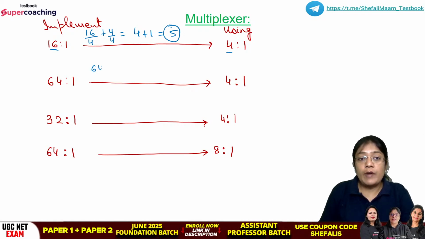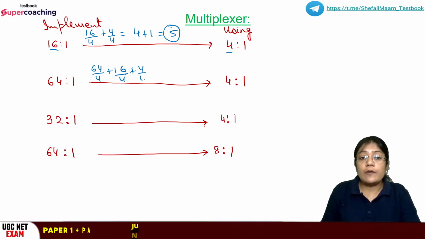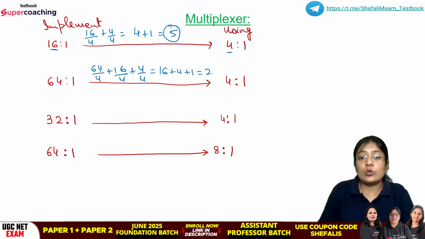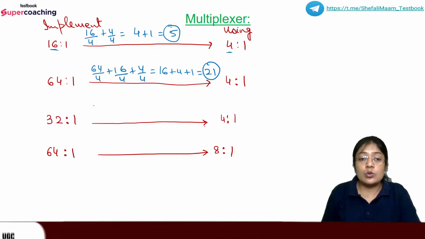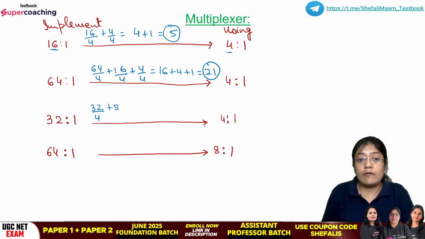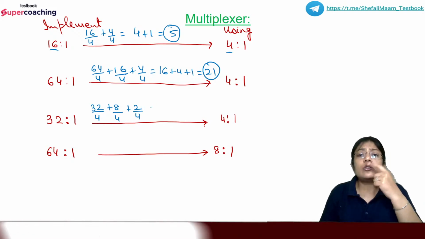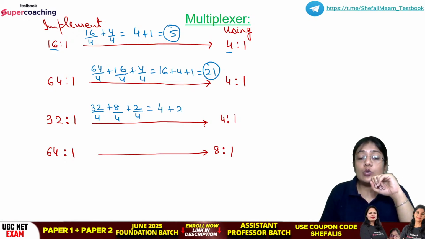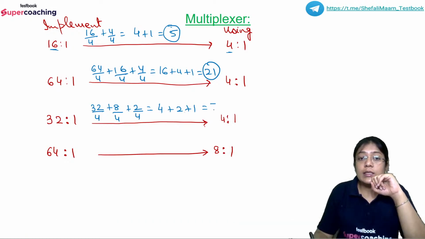Similarly, 64 divided by 4, 16 divided by 4, 4 divided by 4, which comes out to be 16 plus 4 plus 1, that is equal to 21 mux are required. 32:1 multiplexer, so 32 divided by 4, 8. 8 divided by 4, 2. 2 divided by 4 is 0 point something, so 1 multiplexer is required for that as well. So it is 4 plus 2 plus 1, that is 7 multiplexers.